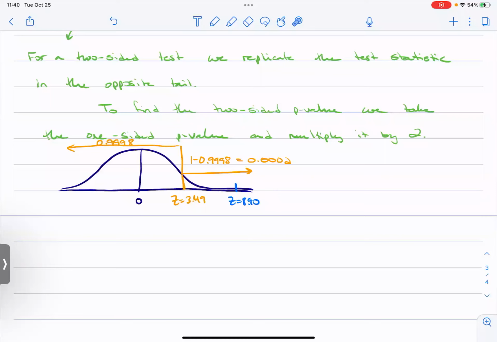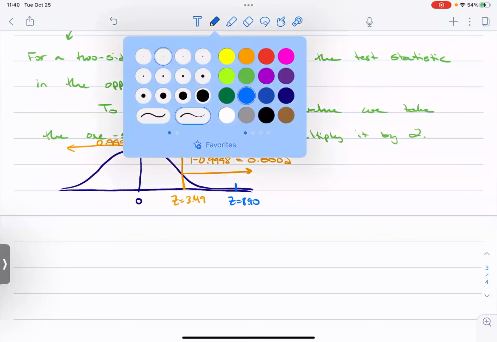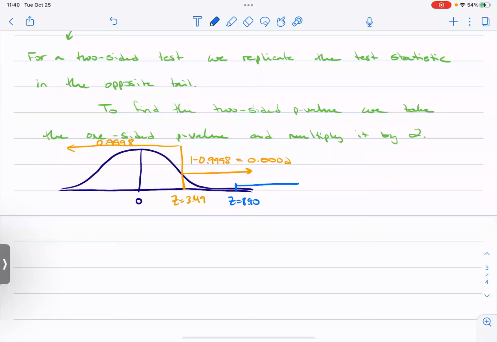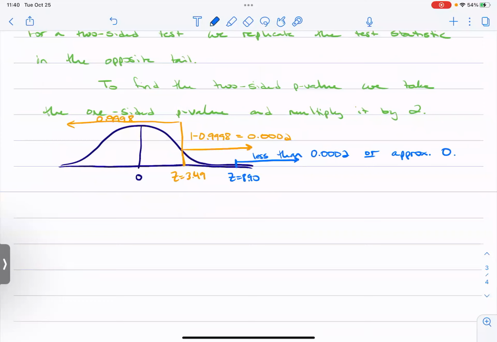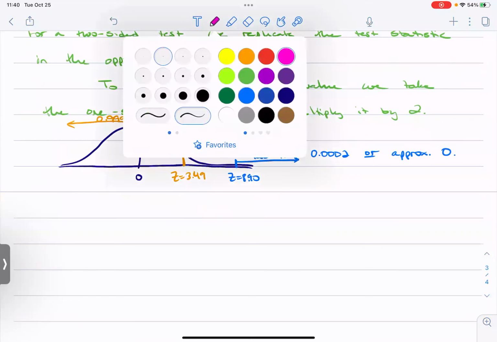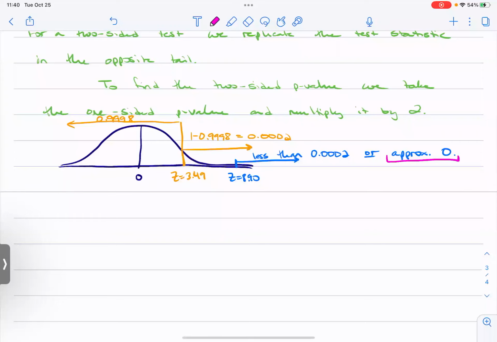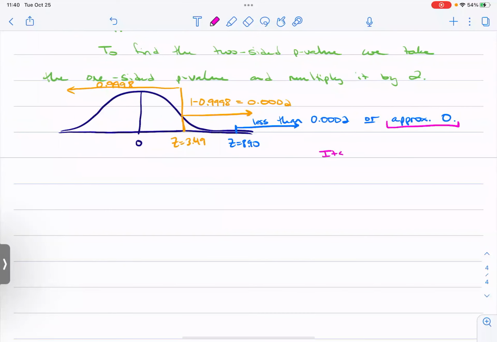So here, this area we say is less than 0.0002 or approximately 0. It's important we say approximately 0.